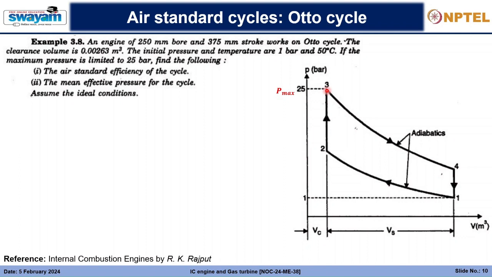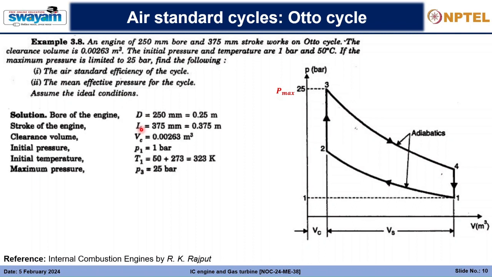So in order to not harm the cylinder material, we need to limit the pressure, that is the P max. So that's why the maximum pressure is limited to 25 bar. So we need to find the air standard efficiency of the cycle. That should be quite easy. And the mean effective pressure of the cycle, assuming the ideal conditions. So these are the conditions given.